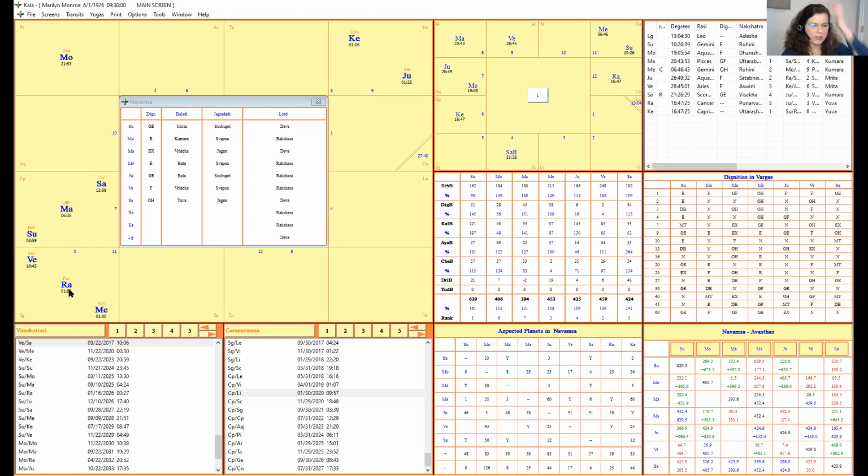We see that Mercury is with Rahu, and it's also within a degree. So Mercury is a planet that the person really needs to learn about. They really need to understand what their Mercury is about. They need to learn about how to communicate most effectively in the marriage. They need to learn how to work through arguments and fights and competitiveness and enmity on their path or in their marriage.